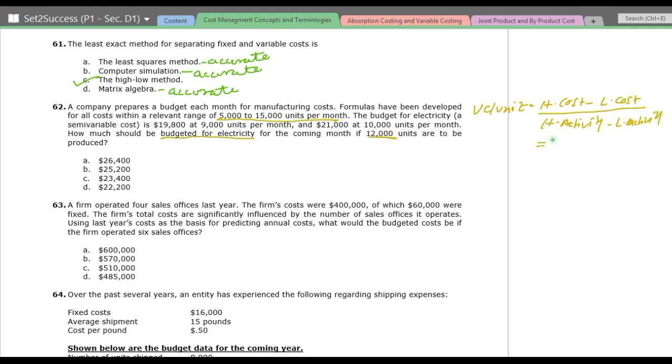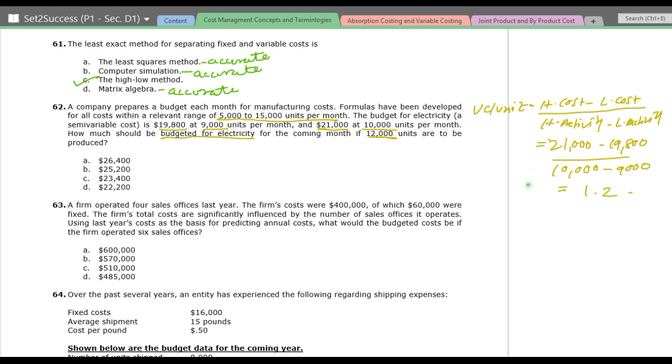Highest cost is 21,000 and the lowest cost is 19,800, and the highest activity is 10,000 and the lowest activity is 9,000, which comes to be 1.2. This is the highest activity, this is the lowest activity. So variable cost per unit is 1.2.